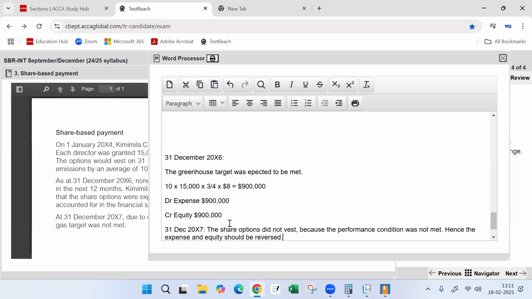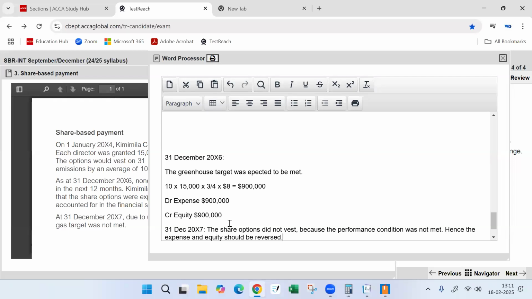So at 31st December 2000 X6, the non-market performance condition of greenhouse was expected to be met, and hence an expense was recognized to the extent of 900,000. However, as at 31st December X7, the share options did not vest because the performance condition was not met. And because of that, the 900,000 of expense and equity should be reversed.